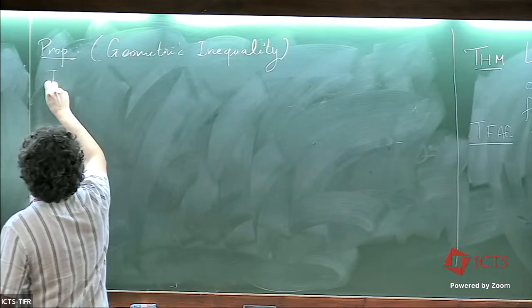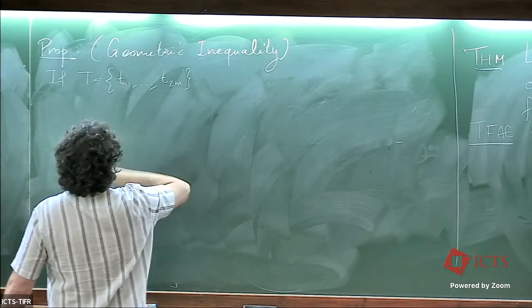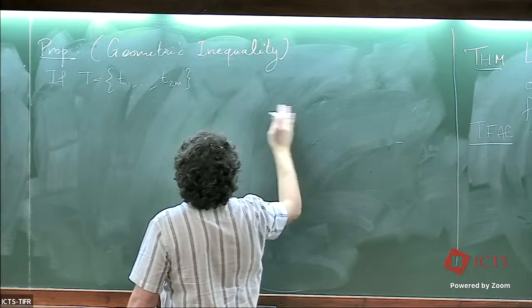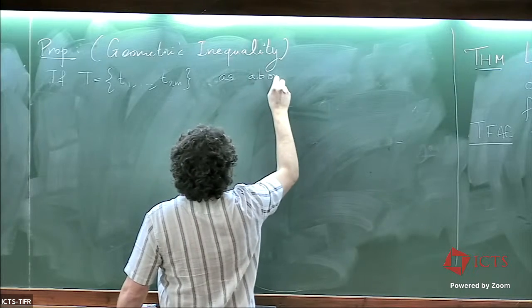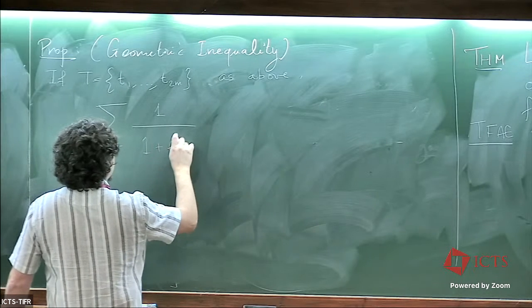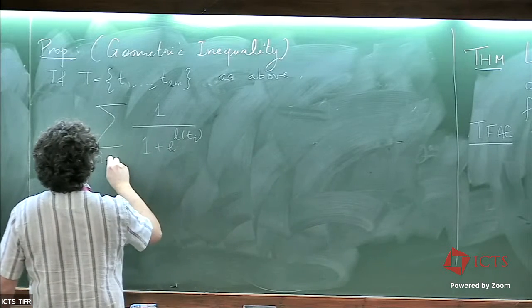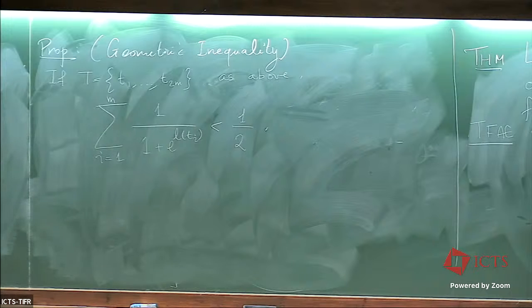If E is given by T1, T2, ..., Tm, as above, so they generate this discrete group, then the sum of 1 over 1 plus e to the length of Ti, from i equals 1 to m, is less than 1/2. So this is a purely geometric inequality. This has to do with lengths of curves in a hyperbolic surface over a finite set of lengths.